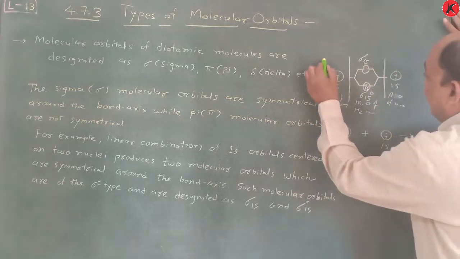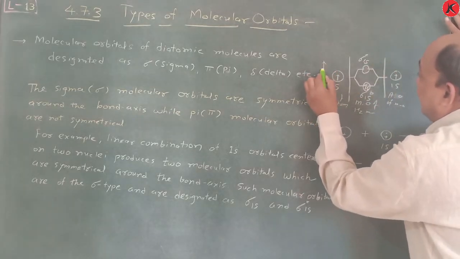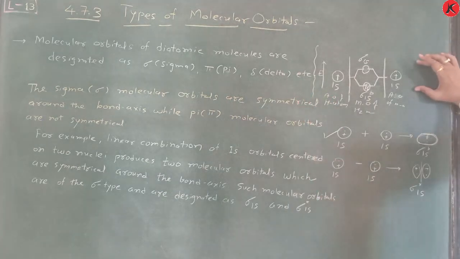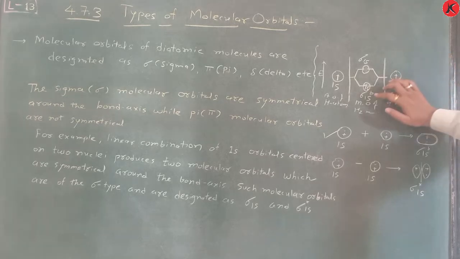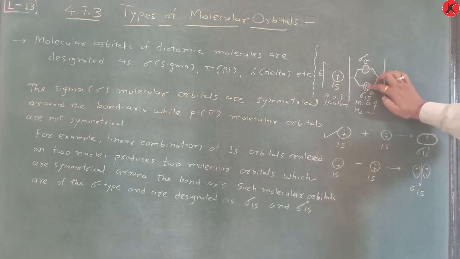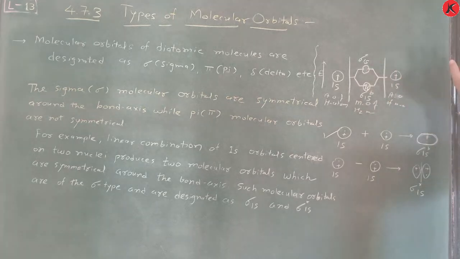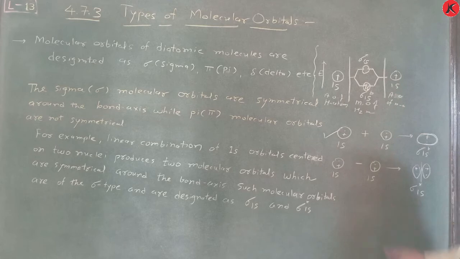Here you have to consider energy. Don't forget to write this, because this is the molecular orbital diagram of the H2 molecule. The electronic configuration of H2 is sigma 1s squared, sigma star 1s zero.